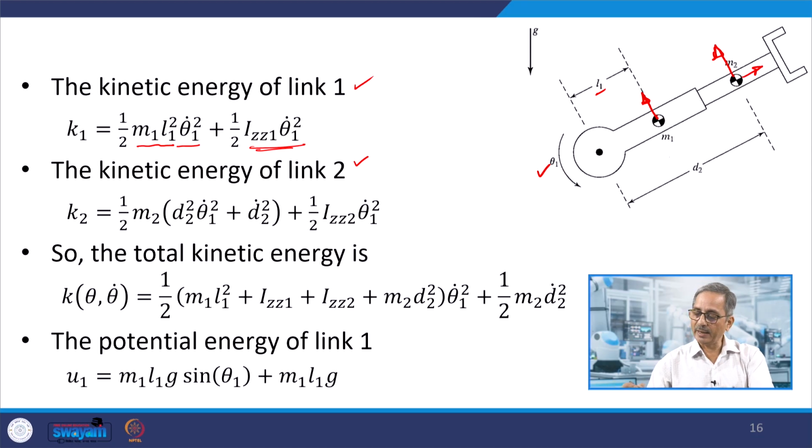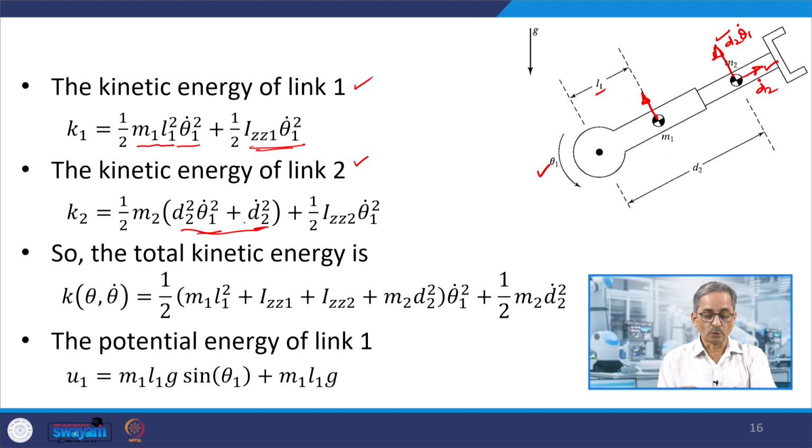So we have to find the velocity square, which is d2 square theta 1 dot square, this velocity, and d2 dot square, the velocity in this direction. These two are the translatory velocities, so we can find the resultant of that.